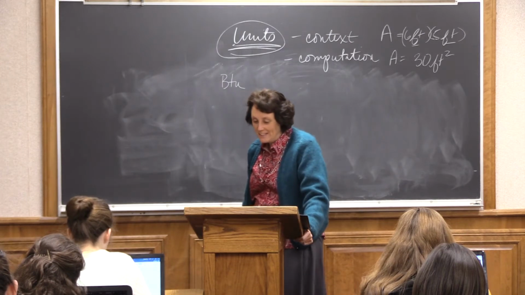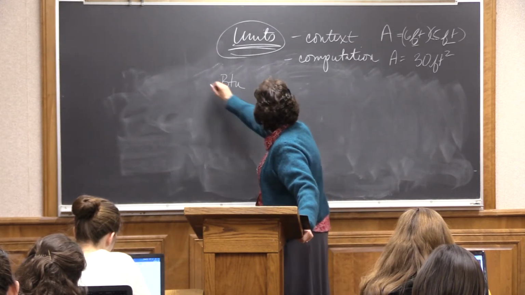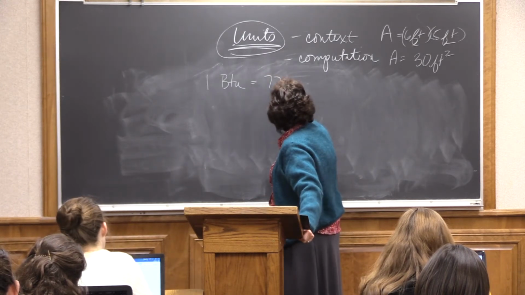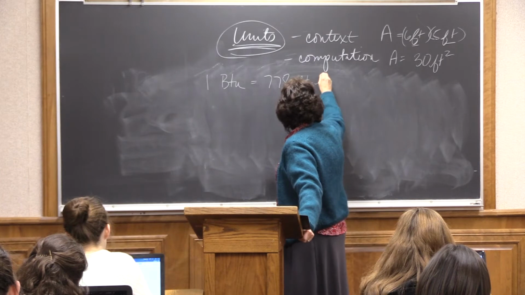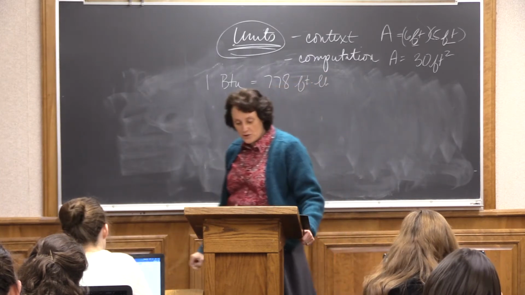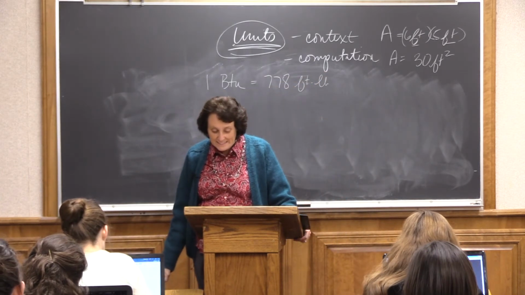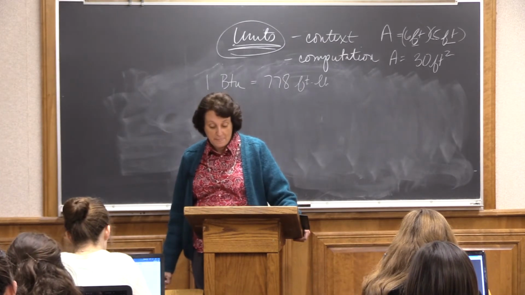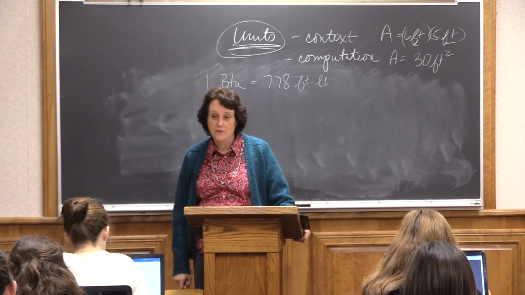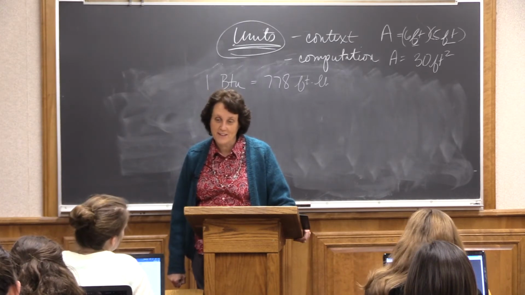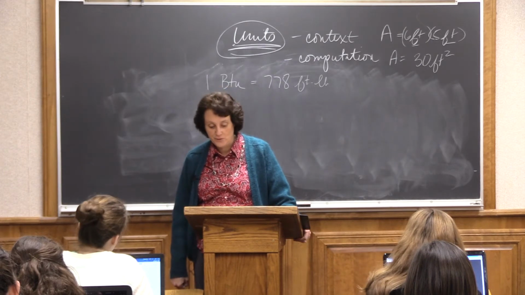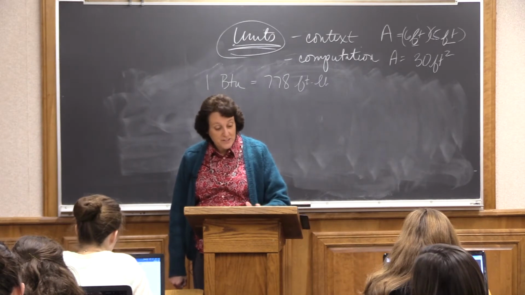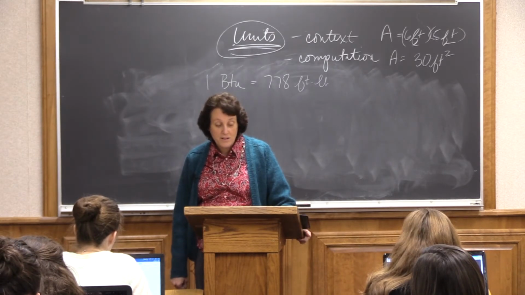British thermal unit is a way to convert the work done by heat. One British thermal unit is 778 foot-pounds of energy. All right, and then, so if you're doing furnaces in the United States, they are going to be rated by BTUs. So you might have to convert something that you do not know.